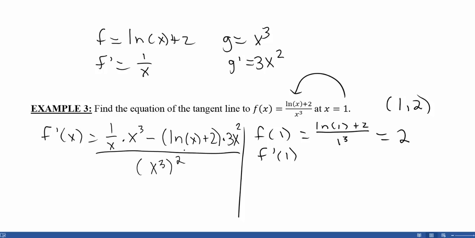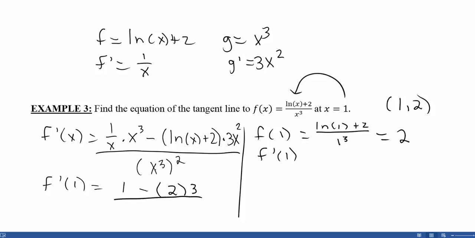So now I need to plug in a 1 everywhere. I'm going to do this really carefully, but I'm going to crunch some numbers as I go. So I have 1 over 1 times 1 cubed. That gives me 1. Minus, now in my parentheses, the natural log of 1 is 0. 0 plus 2 is 2, times 3 times 1 squared, which is 3.